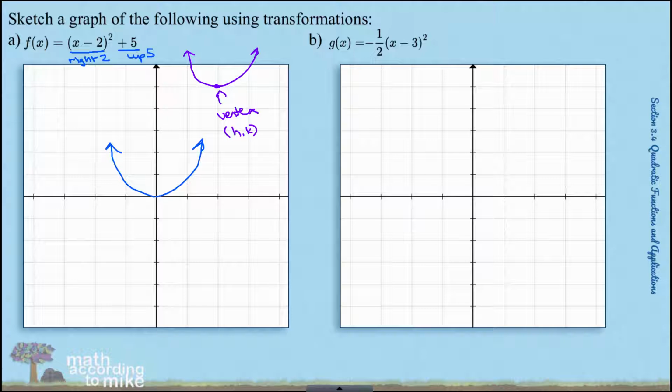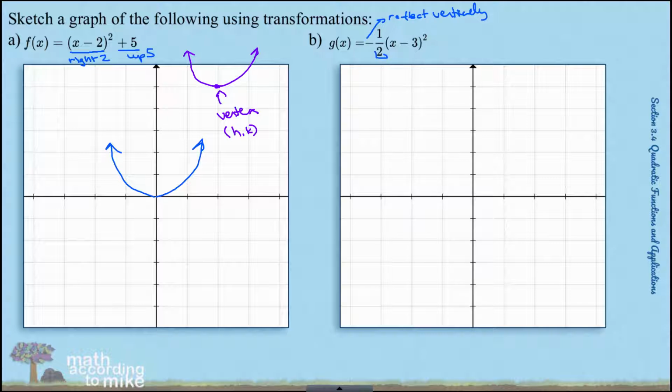Same idea in part B. Let's break this down. We have an A and an H in this one. The negative says to reflect vertically, so we would say the phrase opening down. You only can use that for a parabola.